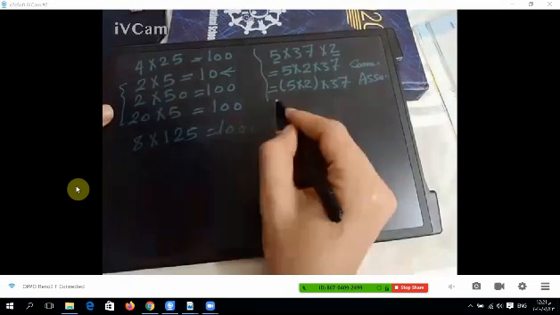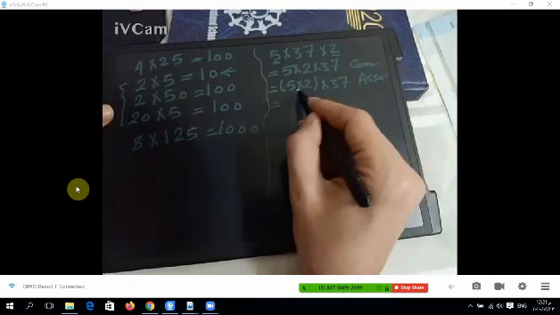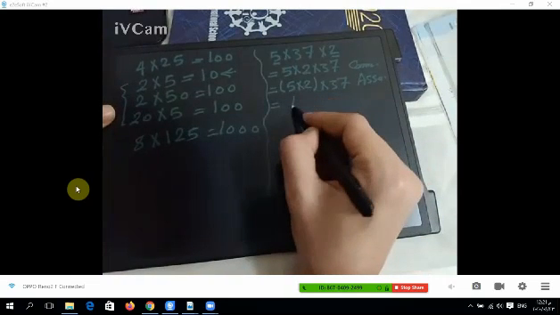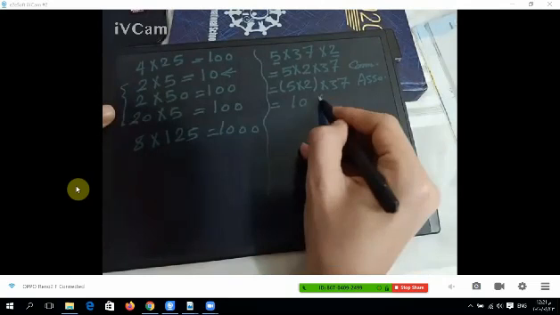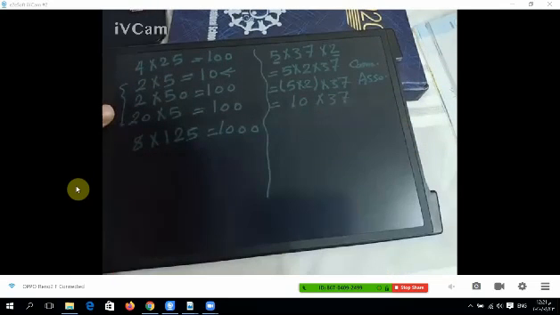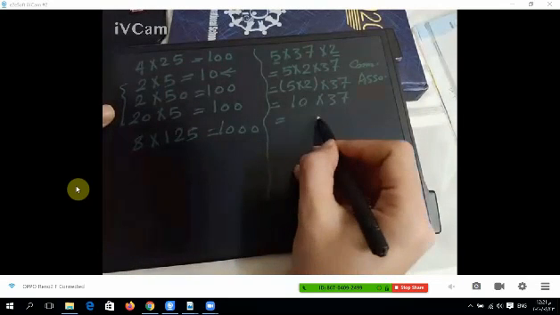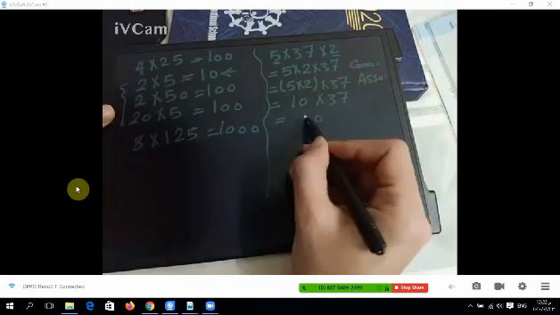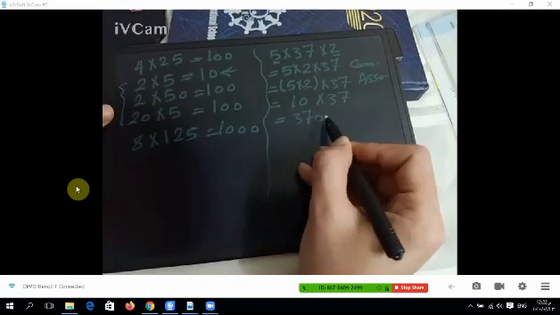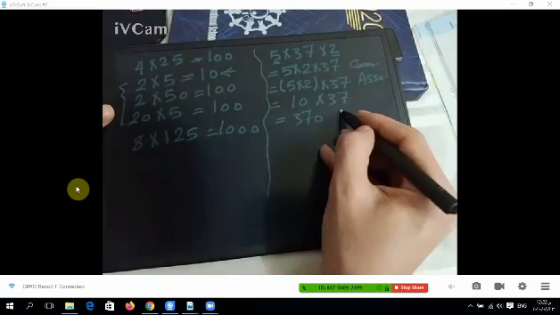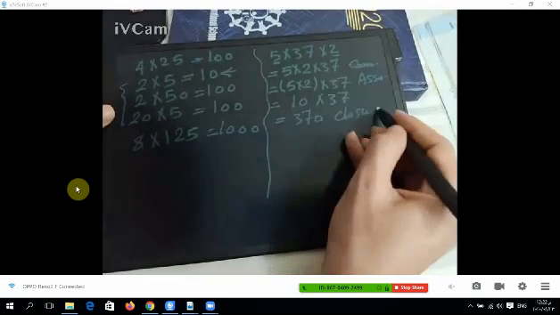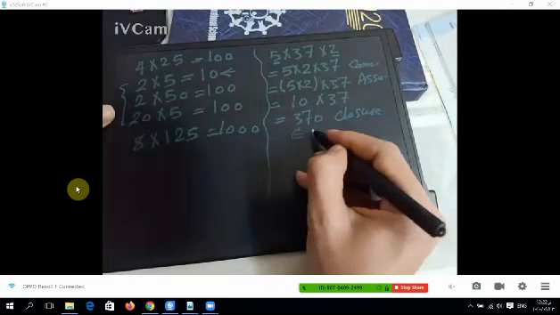Then the next step, I will multiply. 5 times 2 equals 10 times 37. Now it's easy and I don't need the calculator to make it. I can put the 0, then 1 times 37 equals 37. So the answer is 370. And this is the closure. Why? Because this belongs to N.